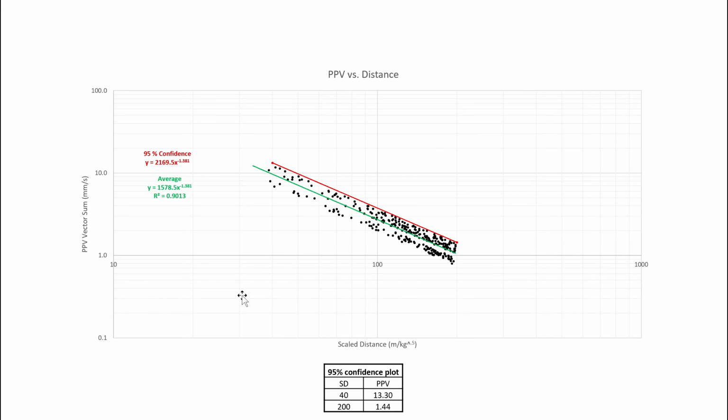Here's what that data looks like. The way I plotted it was I took the range of data I had, from a scale distance of 40 to a scale distance of 200, used the equation to calculate the points, put them on, put on the trend line, and there I have it.